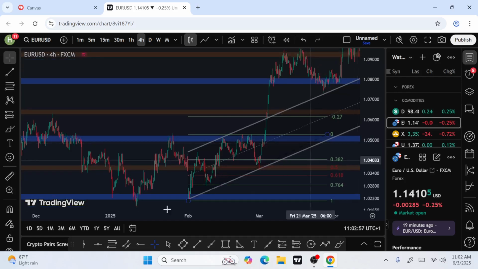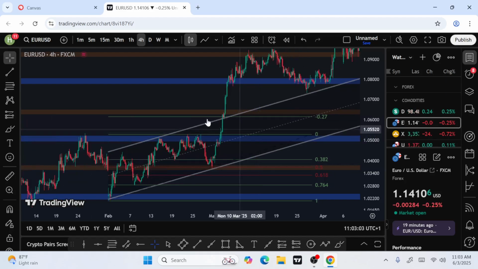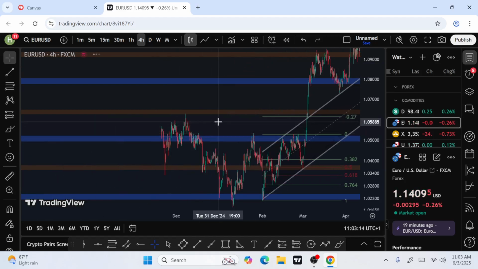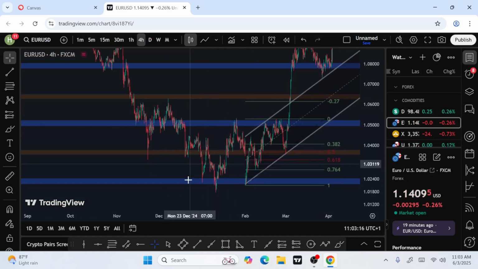To the next zone. Don't forget, the market moves from zone to zone. It got to this zone. Boom. It broke out from this zone. It got to this next zone at our minus 0.27. Then it broke out from this zone to the next zone. Look at this market. What chart pattern can you see here?